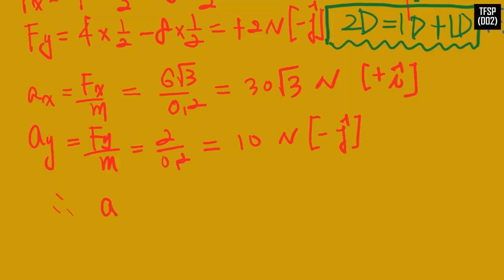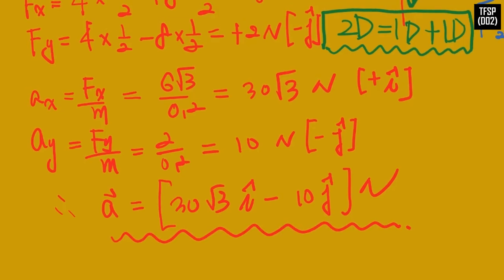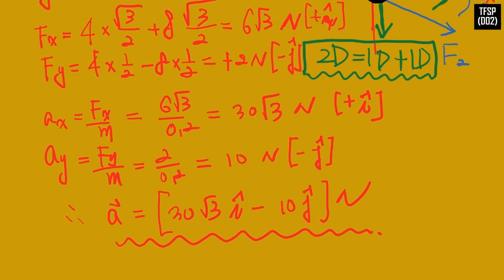Therefore, A equals 30 root 3 i negative 10 j. Because the x and y components of the acceleration are perpendicular to each other, the magnitude of the acceleration can be obtained using the Pythagorean theorem.